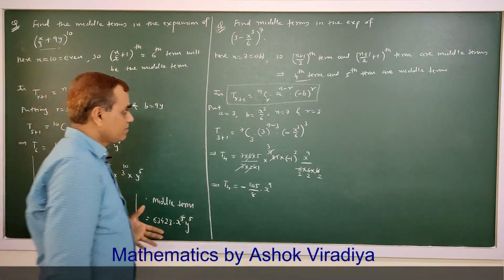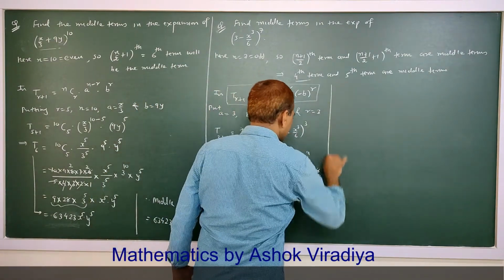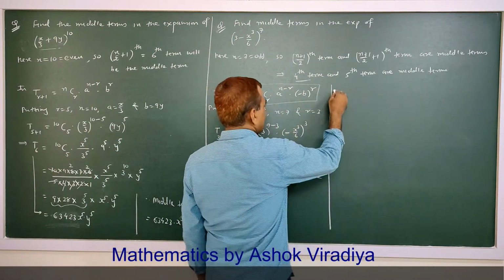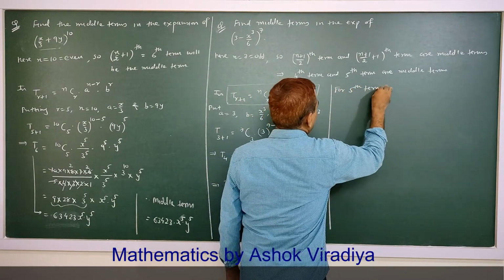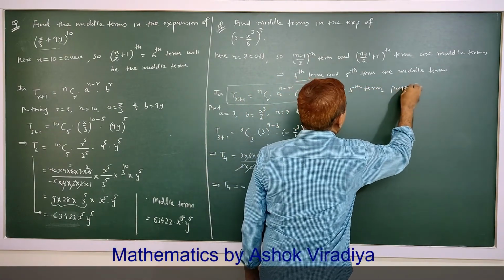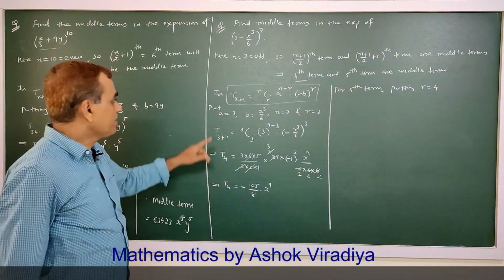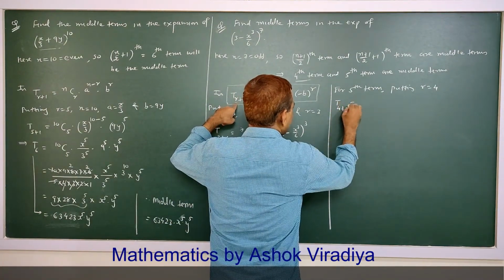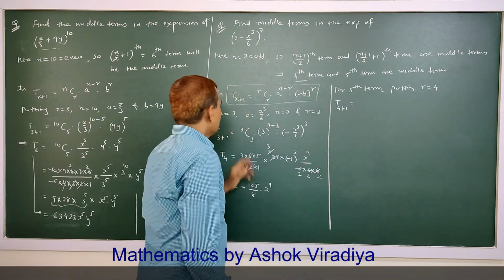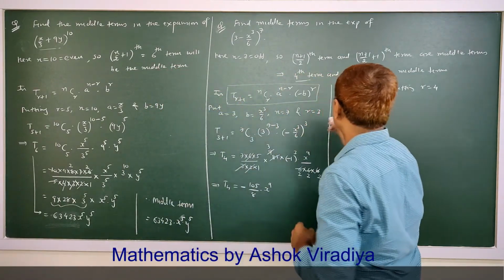And for the fifth term, now we are putting r equal to 4. So now here we keep r equal to 4, and 4 plus 1 is 5. n is 7.